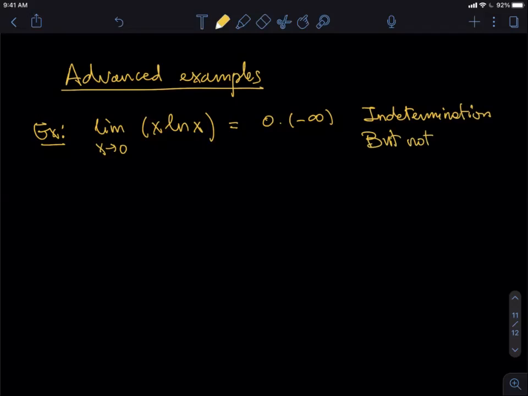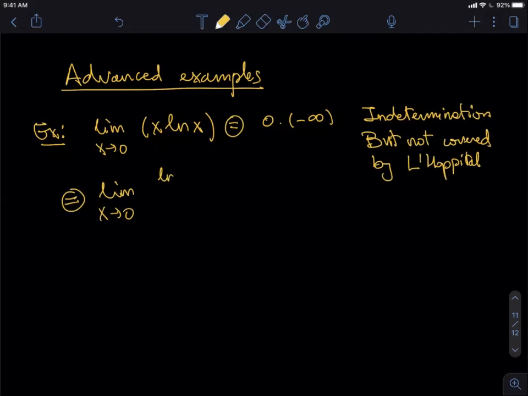Okay, so this is not covered by L'Hopital. But if we write this limit in a different way, then we will be able to do it.